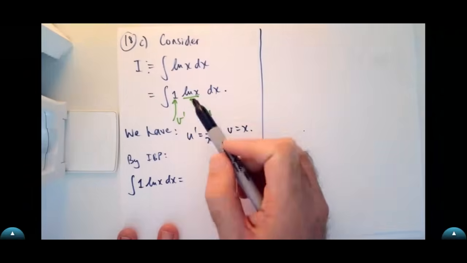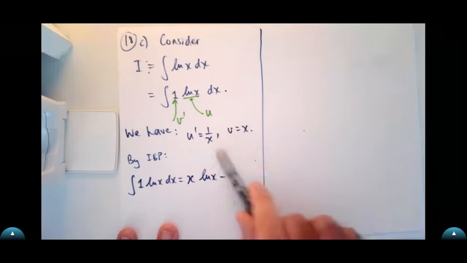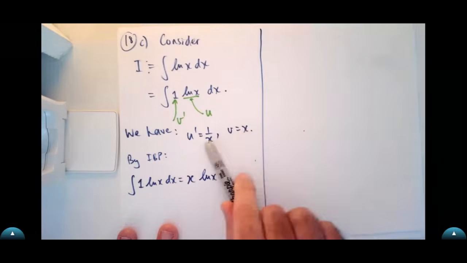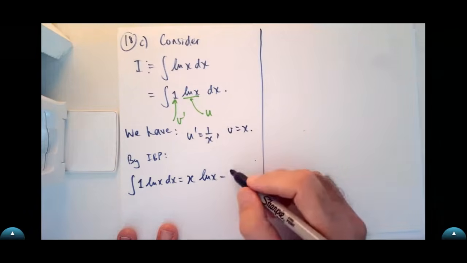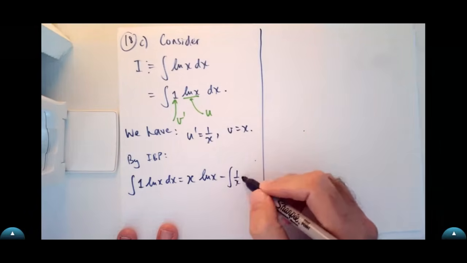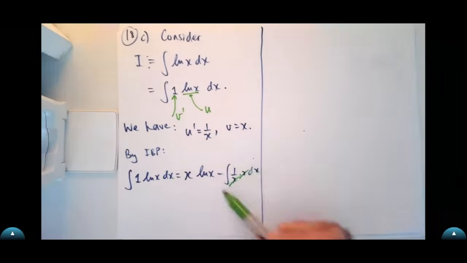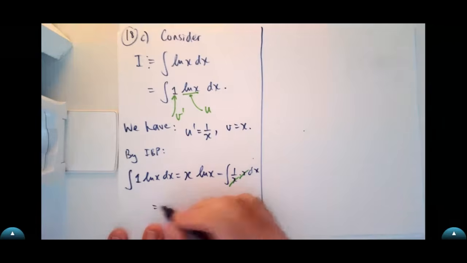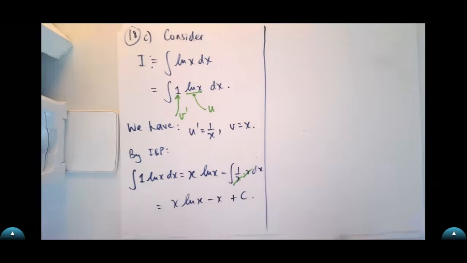Okay, so it's u times v minus the integral of the product of these two functions. So we're going to get this, and they're going to cancel off. And this is an easy integral. We're integrating 1. Yay! That is great. So minus, so we integrate that, and we put in the constant.